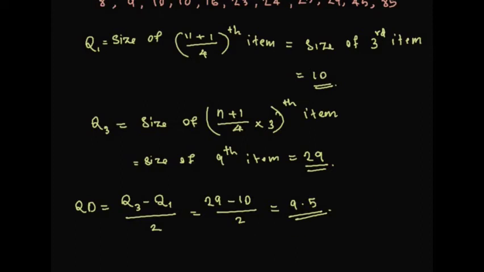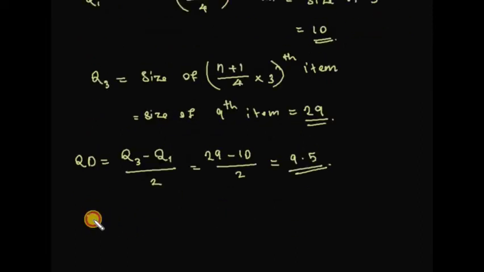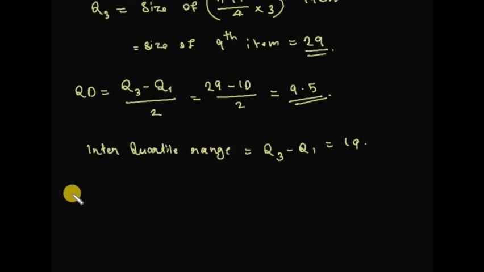Interquartile range equal to Q3 minus Q1. Q3 minus Q1 is 19 here. And the coefficient of QD finally.